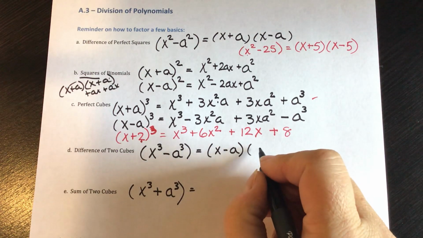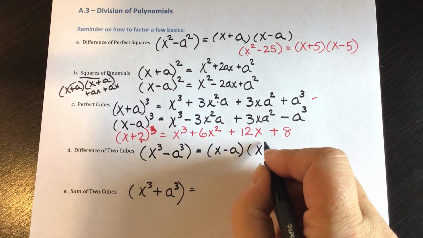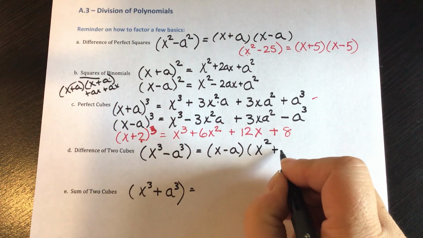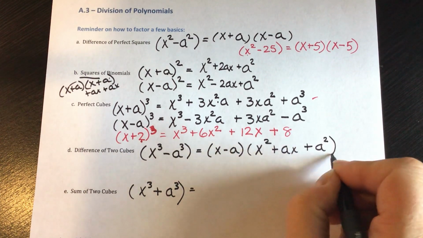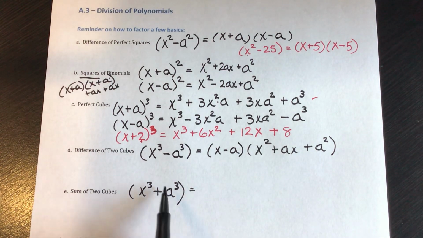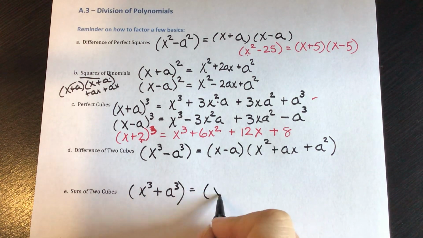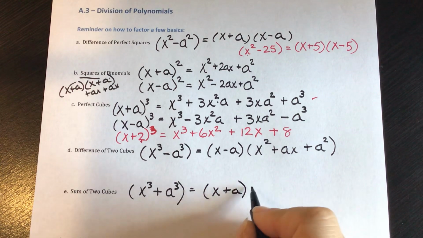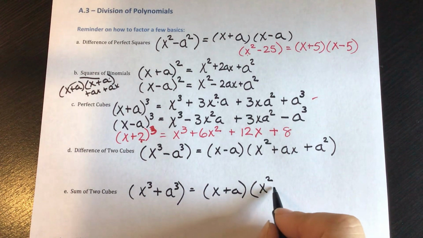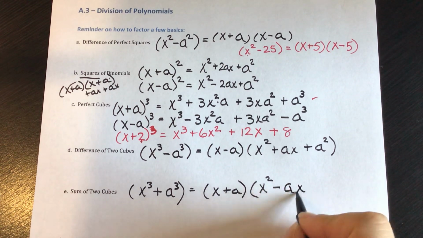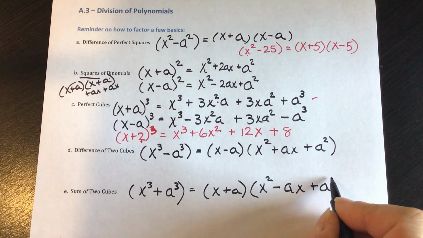And then inside the trinomial, I'm going to have x squared plus ax plus a squared. If it's the sum of my cubes here, I'm going to have x plus a, and then my trinomial will be x squared minus ax plus a squared.